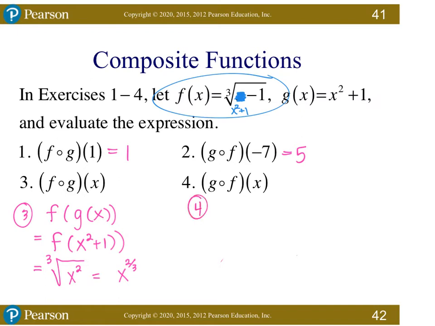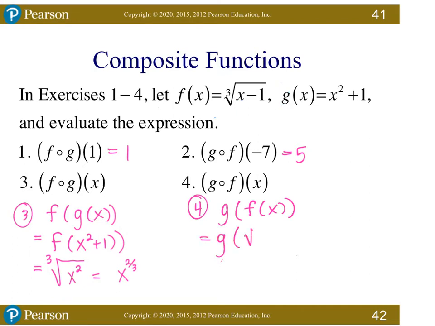Let's try number 4. g of f of x. So this time I'm starting with the f of x function. So that would become g of the cube root of x minus 1.